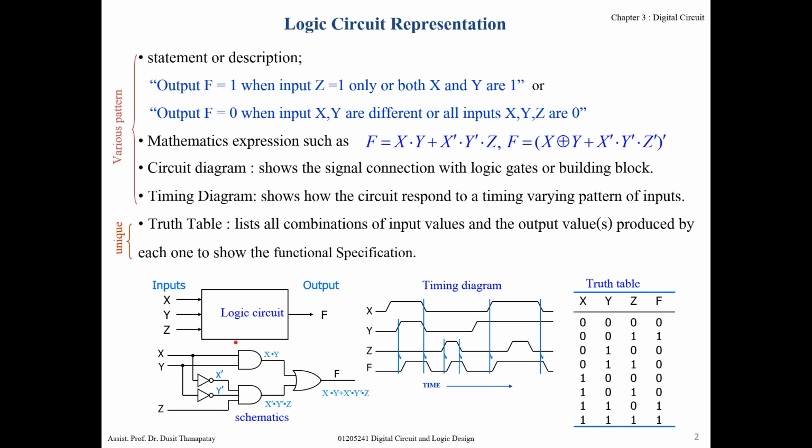Or you can write it with a circuit diagram like this, or a timing diagram. Or you can use tables to represent the logic function. Anyway, we will study the details in the next chapter, chapter 4.